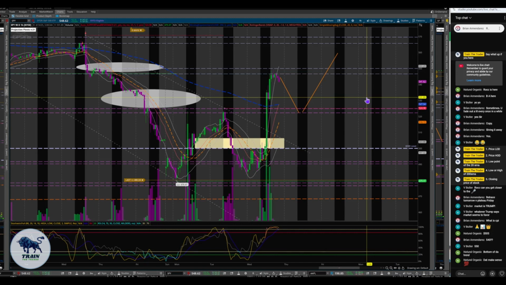What you're saying makes sense. I agree with that pattern coming down and then going back up. The reason why I say it makes sense is because it's a bear trap.